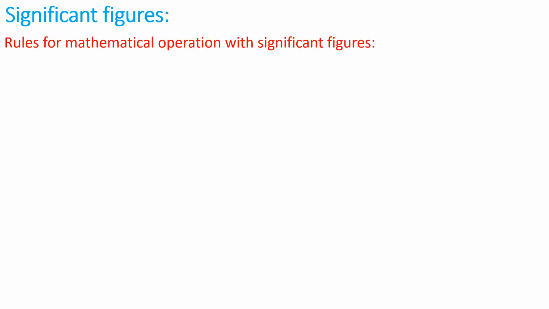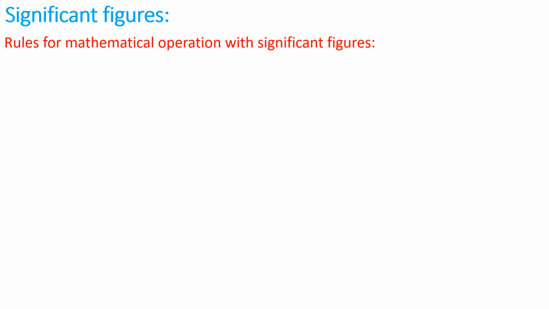Here we shall discuss some of the rules for the mathematical operations with significant figures. How to do the mathematical operations if there are some numbers which are, say for example, least significant or most significant, etc.? In such a case, how to know in that particular calculation how many digits to take as significant, and how many not to take as significant?